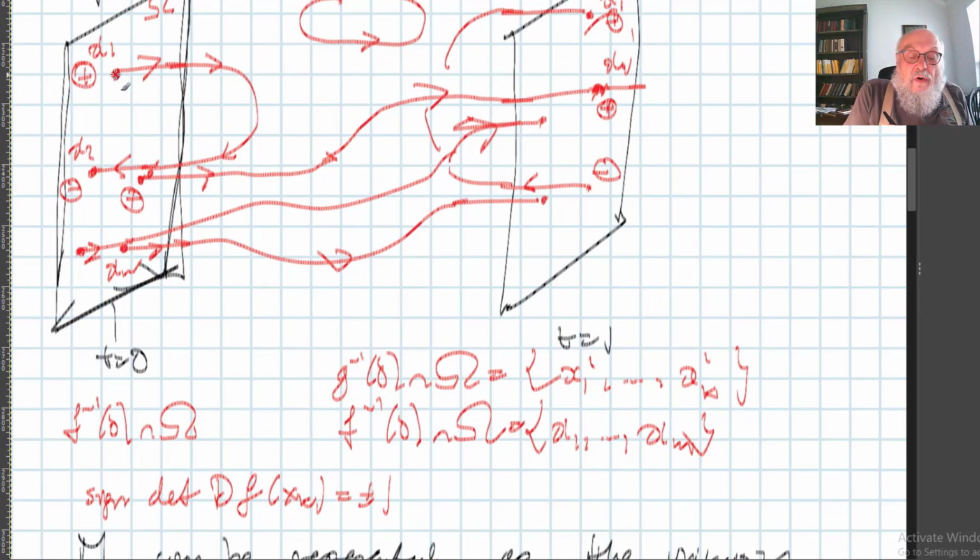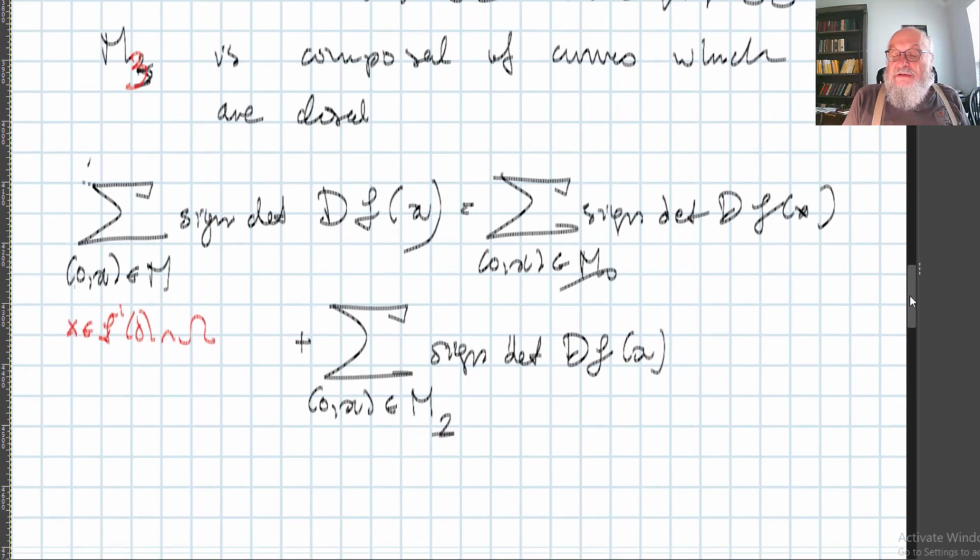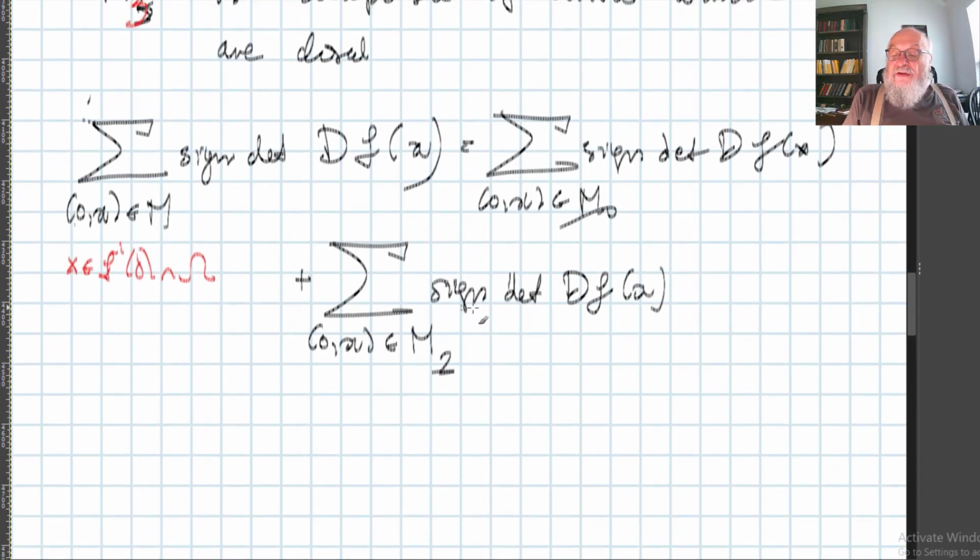But now we look here clearly. Every curve that returns has only one beginning point and one end point. And in this case, it is clear that the determinants at the end points are different. If it was positive at the beginning, then it must be negative at the end point, and vice versa. So you are getting that the values of signum determinant cancel each other for each of those curves.